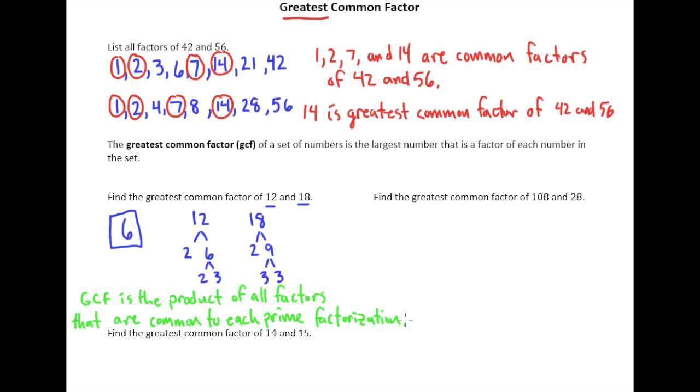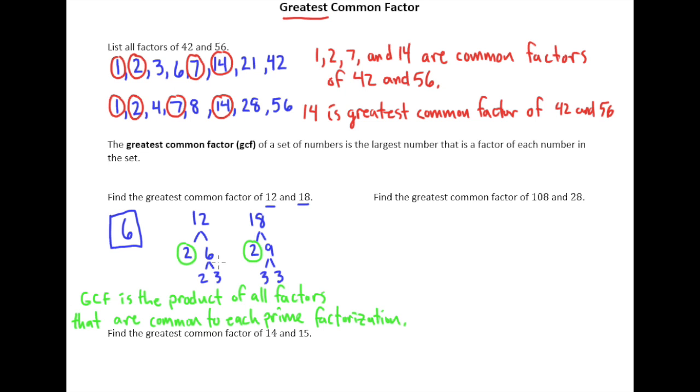Okay, so what does that mean? Let's see if we can get at this number 6 using this strategy. It's the product of all factors that are common to each prime factorization. So what we're looking for are numbers that show up in both 12 and 18. So we can see right here, 2 shows up in 12 and 2 shows up in 18.